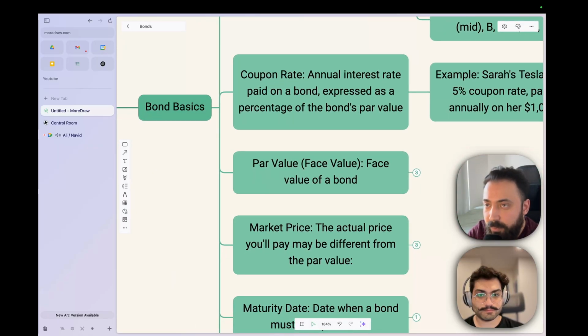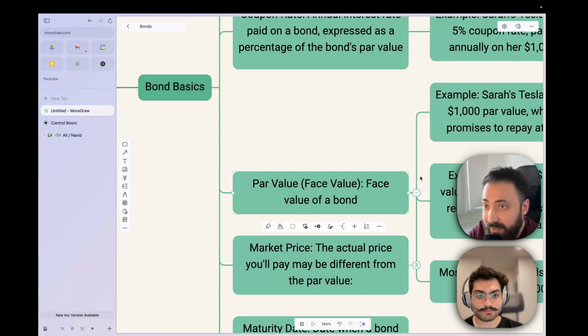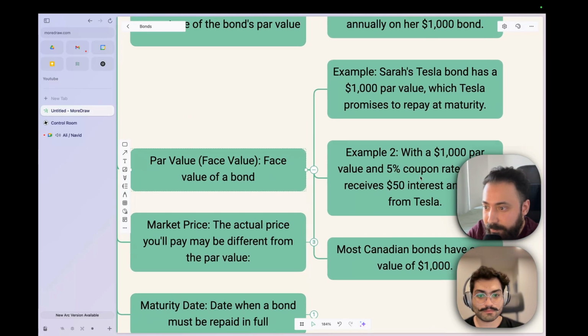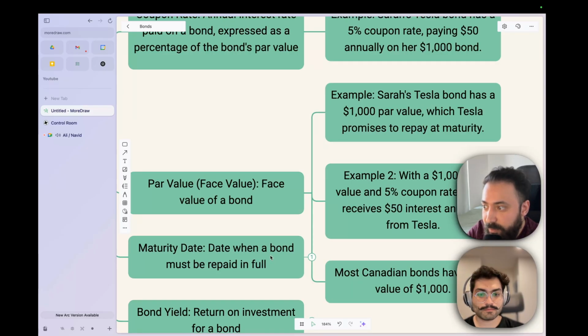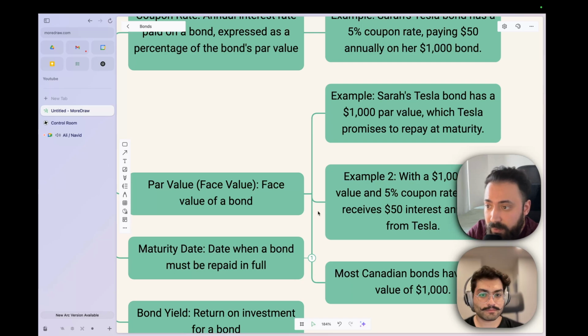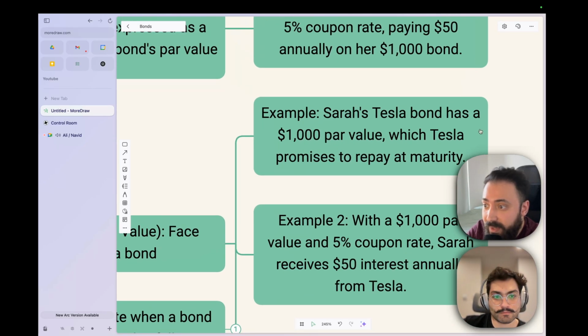That is right. And then we have par value, which is a little bit challenging to understand, but let's start with an example. The par value, or actually the face value, these terms can be used interchangeably. Sarah's Tesla bond has a $1,000 par value, which Tesla promises to repay at maturity.